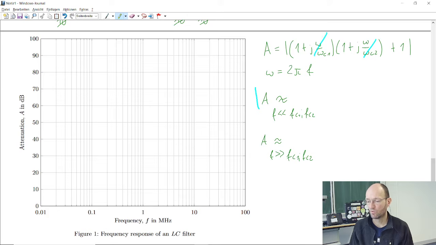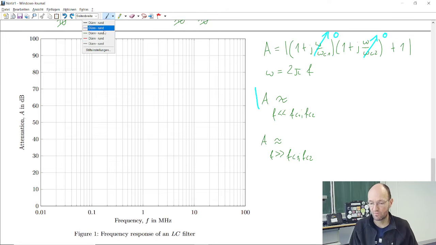This will also be small. I could say this goes to 0, this goes to 0. So we have 1 multiplied with 1 plus 1. So it's 2. So our attenuation factor of the filter is 2.